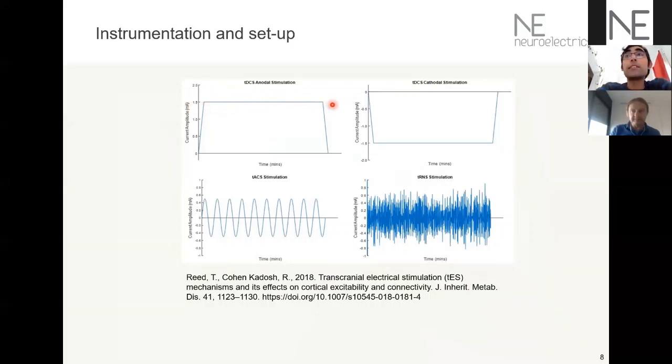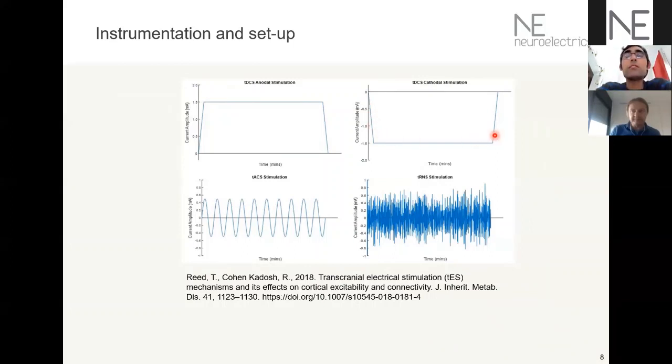Anodes are the electrodes that inject current into the brain, and cathodes are the electrodes that extract the current from the brain. So current is positive in the anodes, and it's negative in the cathodes.